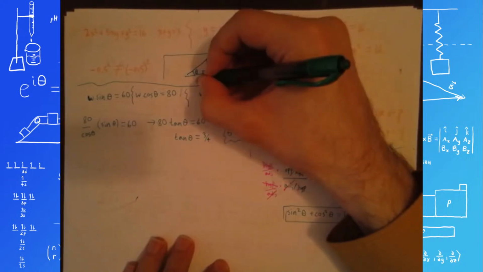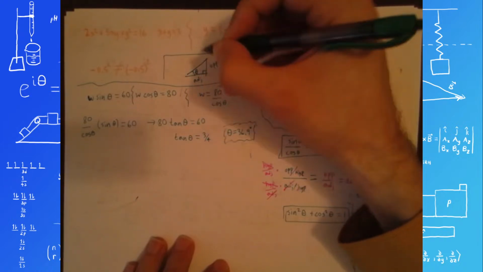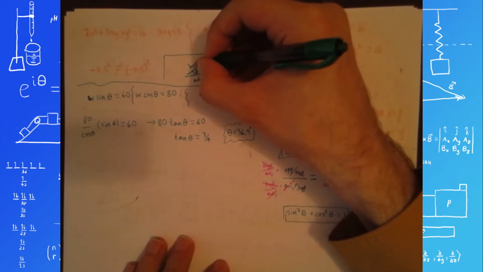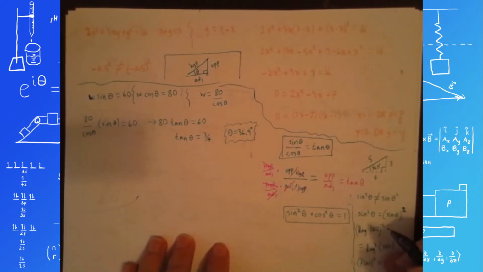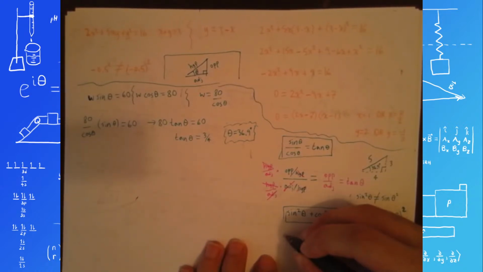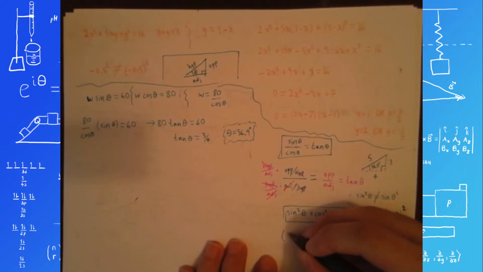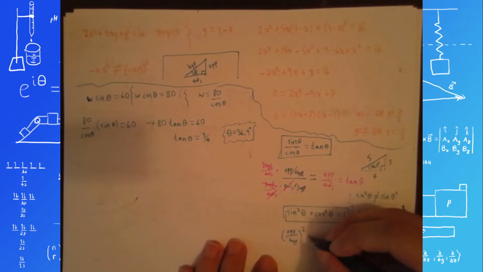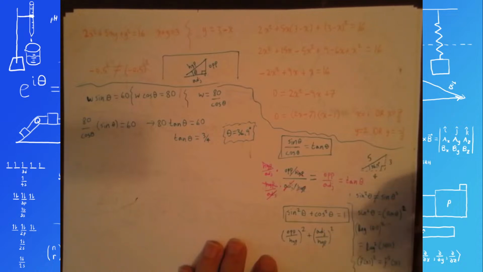Since it's not touching the angle, this will be the adjacent, and that will be the hypotenuse. Then sine squared plus cosine squared just means I'm squaring opposite over hypotenuse, plus adjacent over hypotenuse, squared.